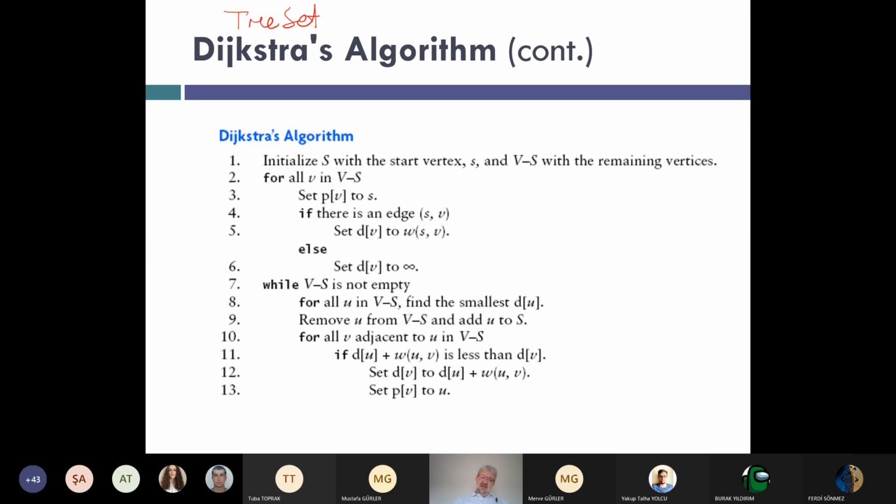So for this one, it will take constant time, since S is the first vertex to insert, and it will take constant time anyway. But inserting all the remaining n minus 1 vertices into V minus S, each will require logarithmic time, and the total will be O(n log n), right?